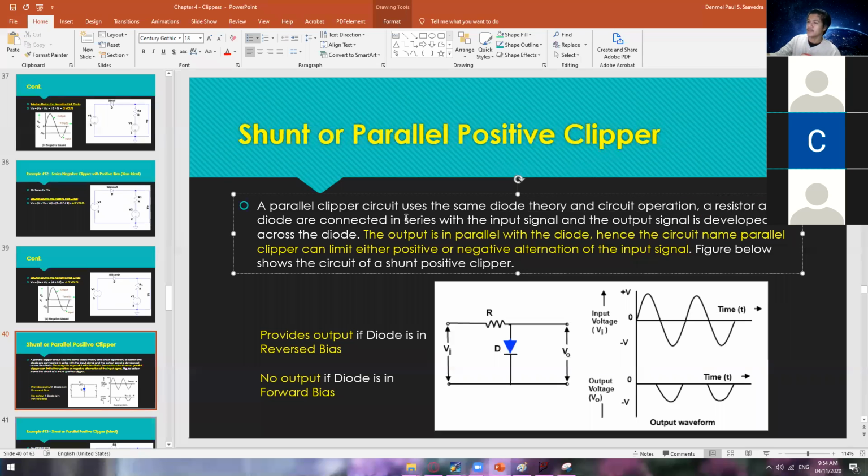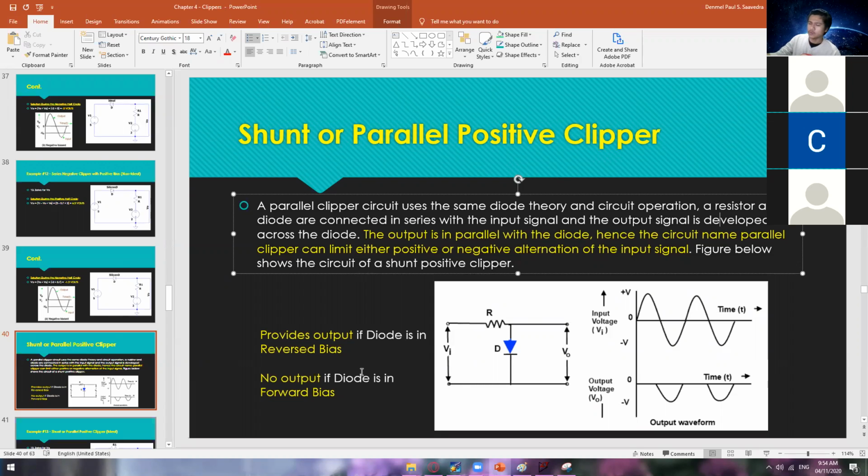A resistor and diode are connected in series with the input signal, and the output signal is developed across the diode. The output is in parallel with the diode. Hence the circuit name, parallel clipper, which can limit either the positive or negative alternation of the input signal. The figure below shows the circuit of a shunt positive clipper.